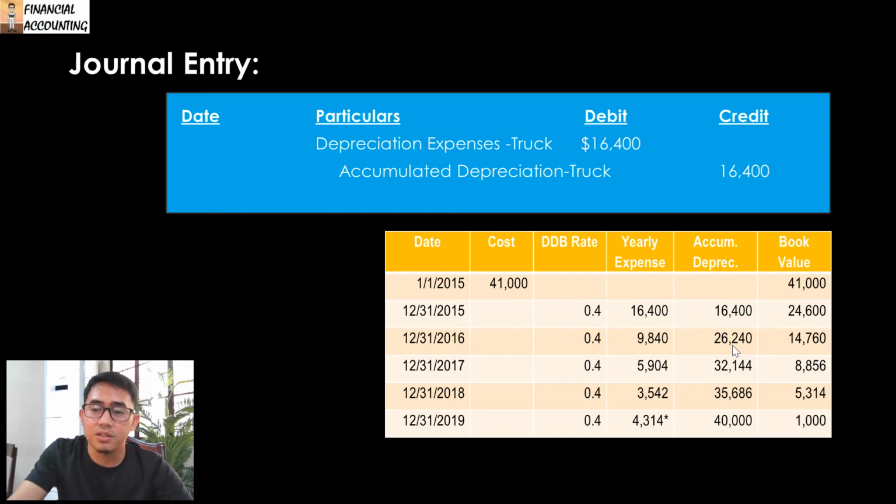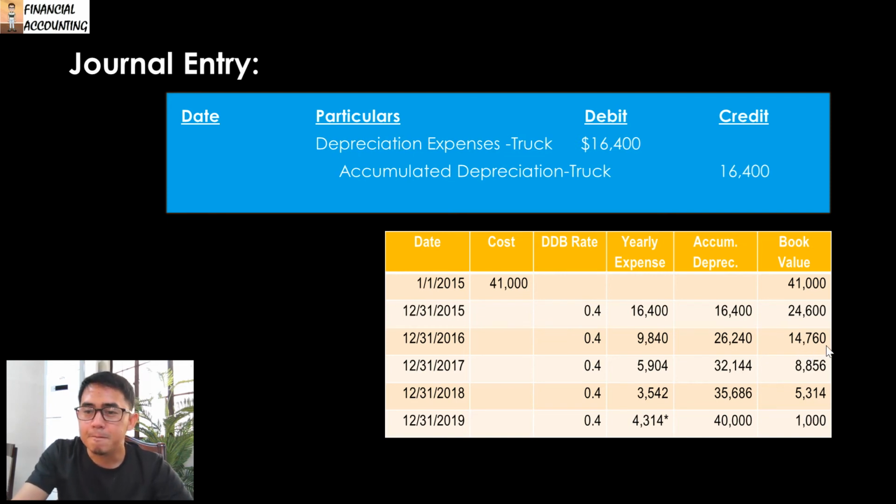So your book value now will be 41,000 minus 26,240, which is 14,760. Notice that on the second year, the book value of the asset is relatively small already. So you already have depreciated more than half of its useful life.